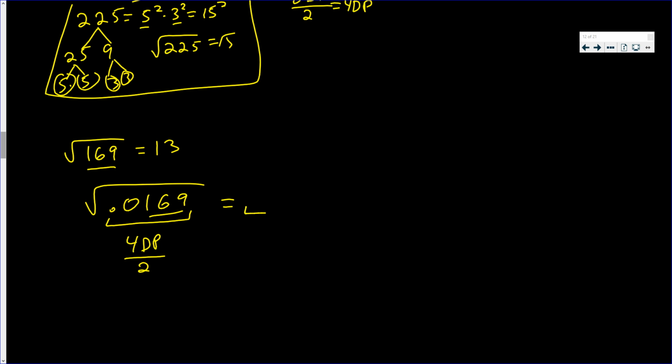Remember, whatever number I put here, when I multiply it by itself, is going to equal that number. So if I want a 4 decimal place answer, I want to let this be 2 decimal places, because that will also be 2 decimal places. Okay, now I know it's going to involve 13, and 13, 2 decimals is right there. That finishes that problem.